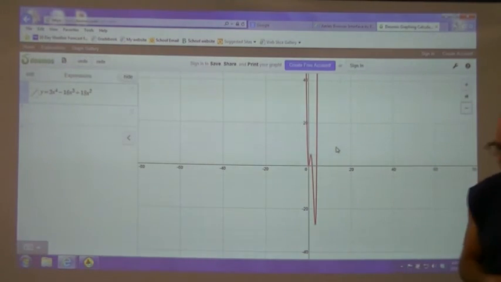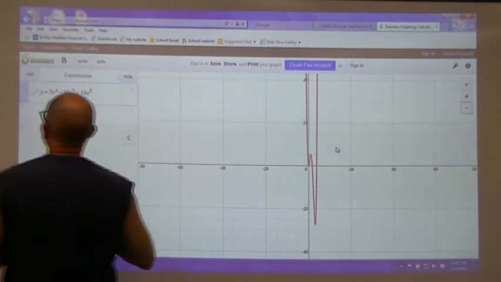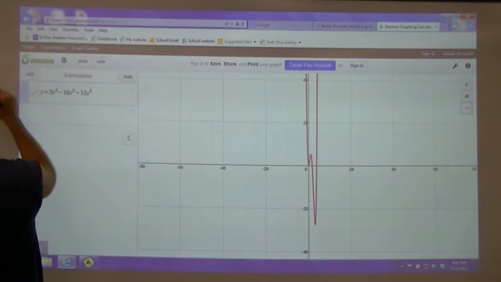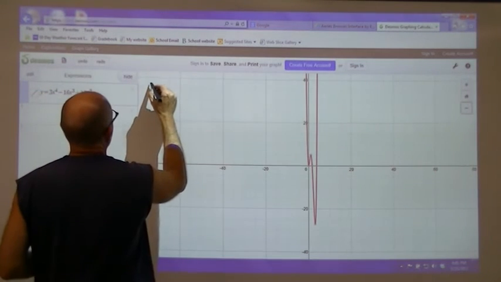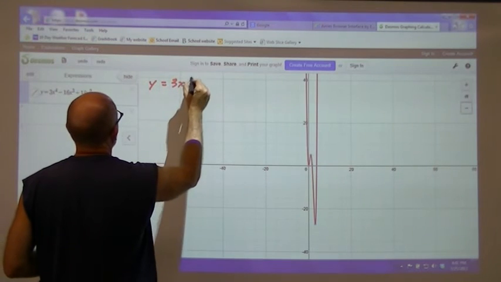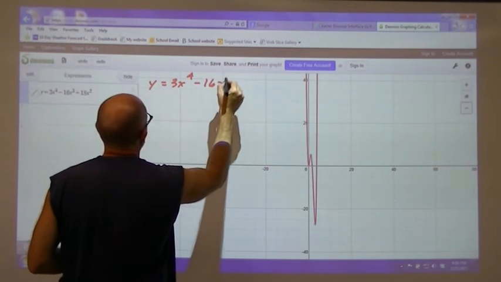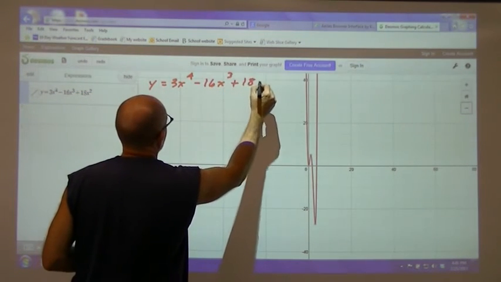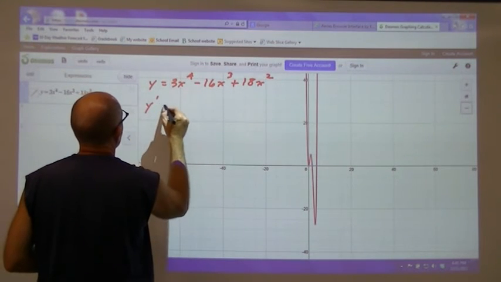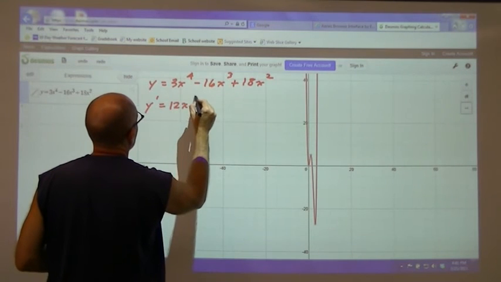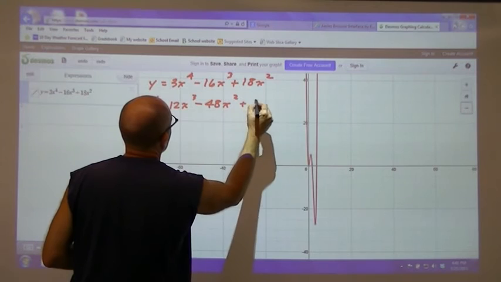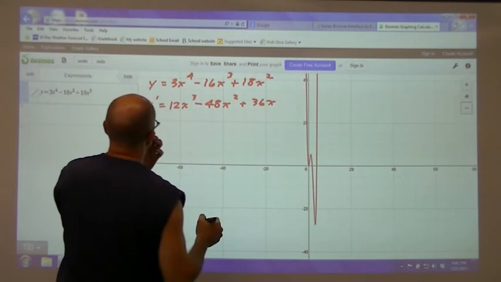Now, let's look for our absolute max and our absolute min. So what we're going to do is we're going to say if y equals 3x to the fourth minus 16x cubed plus 18x squared, then y prime equals 12x cubed minus 48x squared plus 36x.